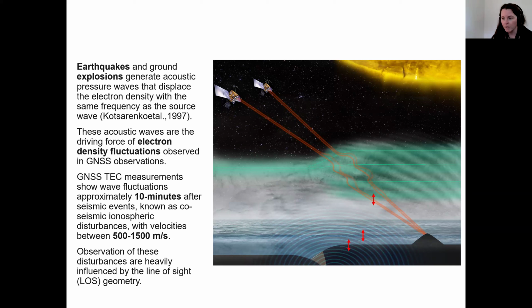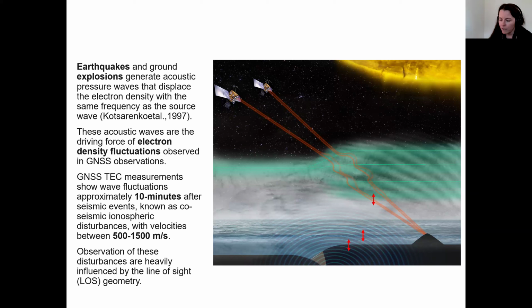So that's the time of wave propagation from the start of the event to the ionosphere, typically, plus or minus 2 minutes. We usually see 8 to 12 minute time of arrival there. And we often see that this density displacement or change is moving at a velocity between 500 and 1500 meters per second through the ionosphere.